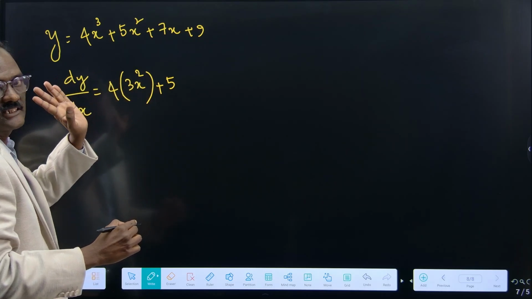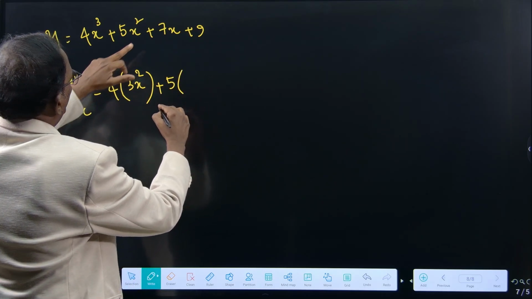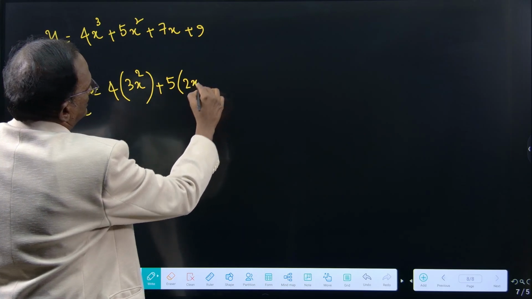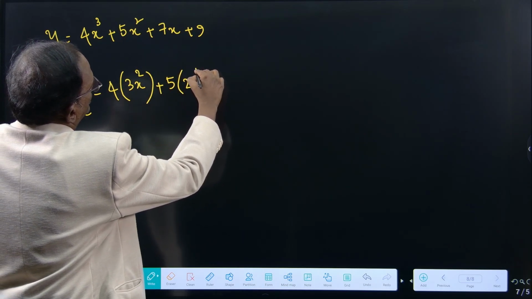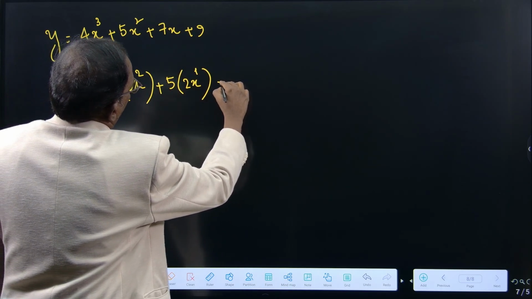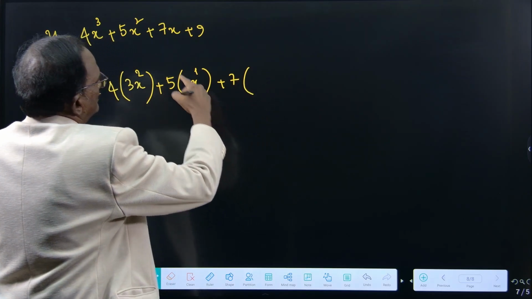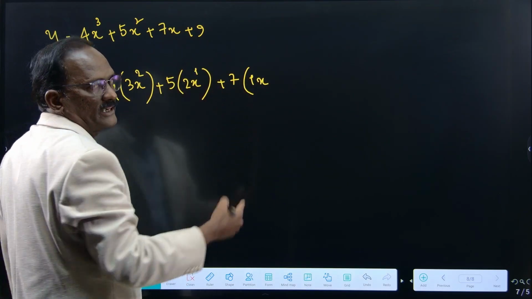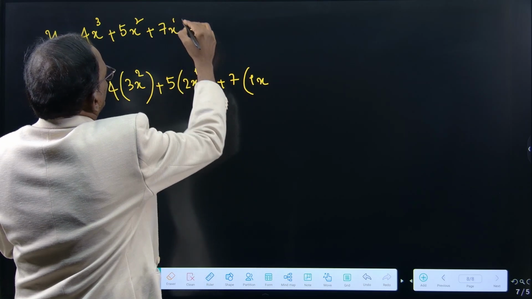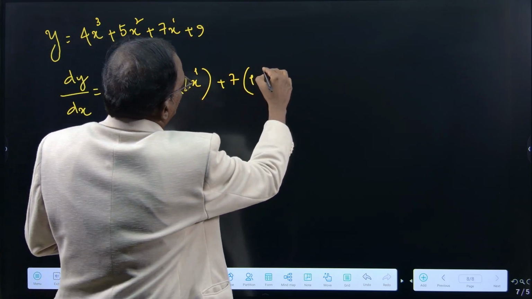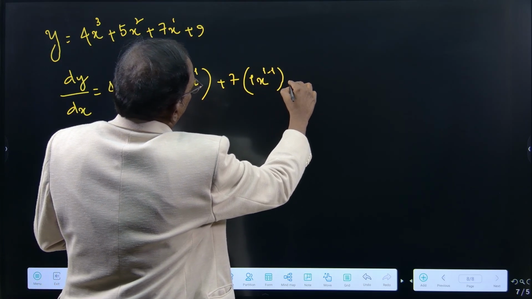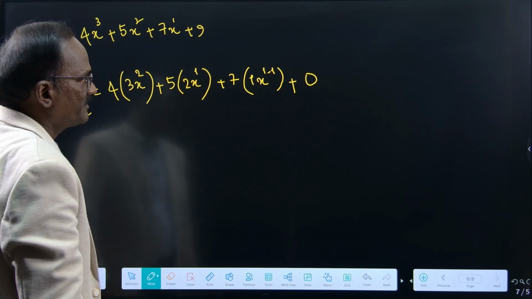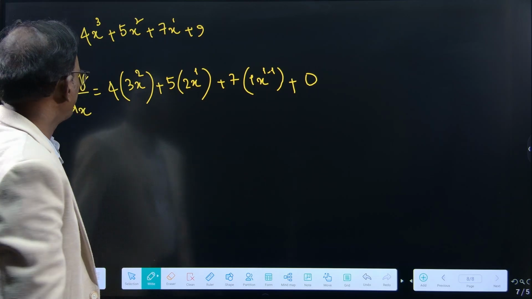5 is constant, it is written as such. Multiply with the old power, which is 2. Then decrement it, 2 minus 1 is 1, plus 7. Power is 1 for x, decrement it. Already it has only 1, the power is 1, 1 minus 1, plus differentiation of constant is 0. Right? Differentiation of constant is 0.